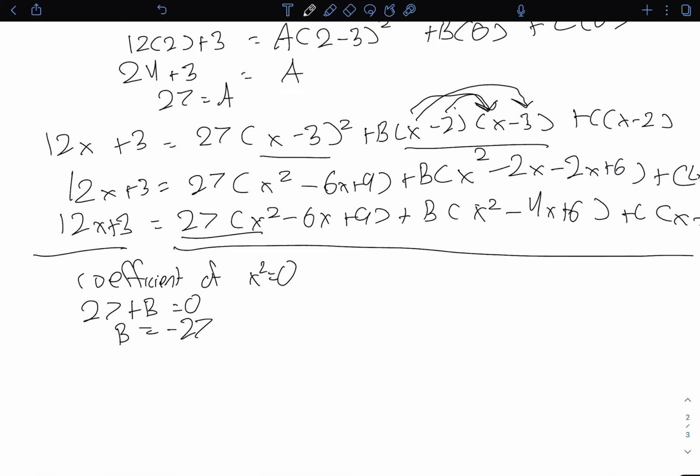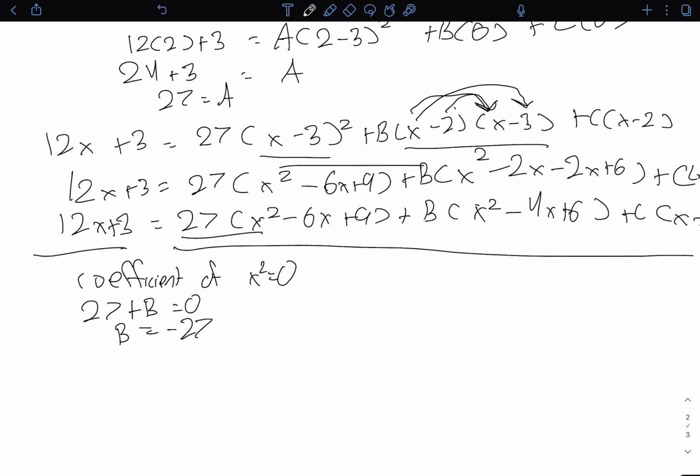I just expanded this, and I basically tried finding similarities between the two sides of the equation, and I just compared the coefficients of terms. There's no term that has x squared on the left-hand side of the equation, so I'm going to assume that the coefficient of x squared on the left-hand side is 0.